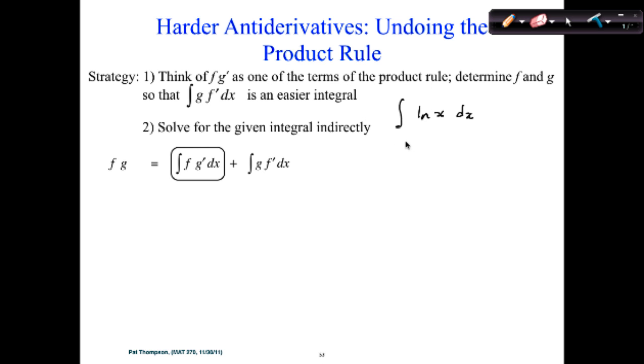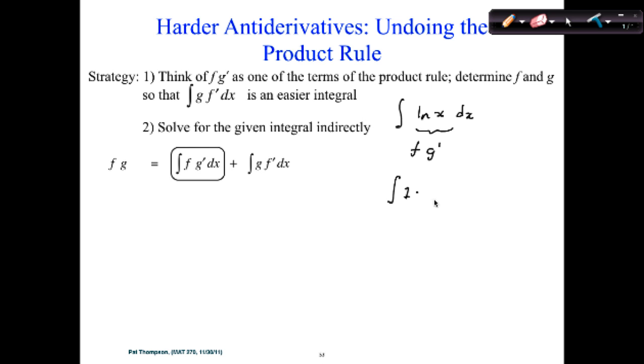And so we're going to see this thing as f g prime. But how can we see that as f g prime? They're not multiplied. That's a function acting on x, all one thing, a natural log. Did we see this before with undoing the chain rule?